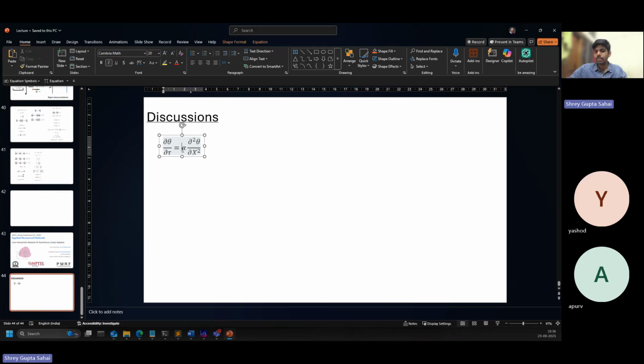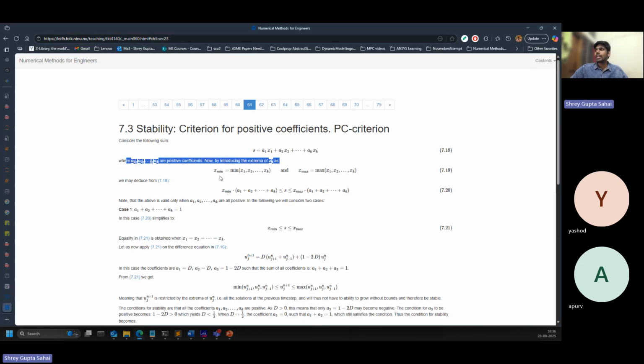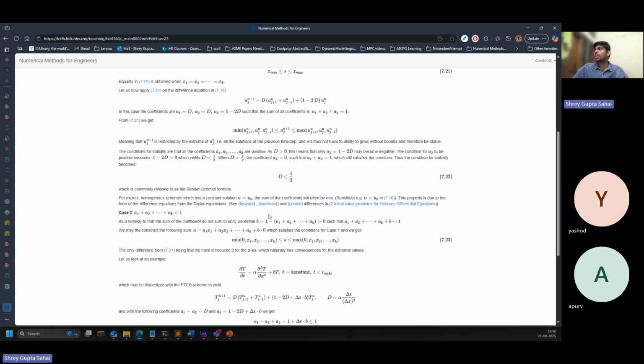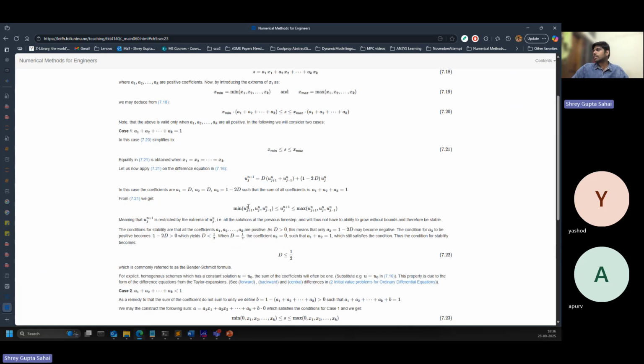So error is a function of time and space, and of your grid size. It is from there that this whole idea of criteria comes in. Even the positive coefficient criteria comes from that logic.